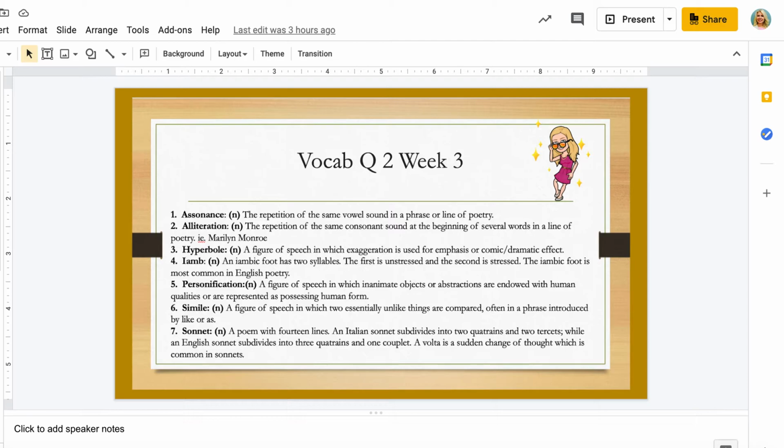Rubber baby buggy bumpers. Baby, buggy, bumpers. You hear the B sound, okay? That is alliteration. So alliteration, repetition of the consonant sounds. Assonance, repetition of the vowel sounds.